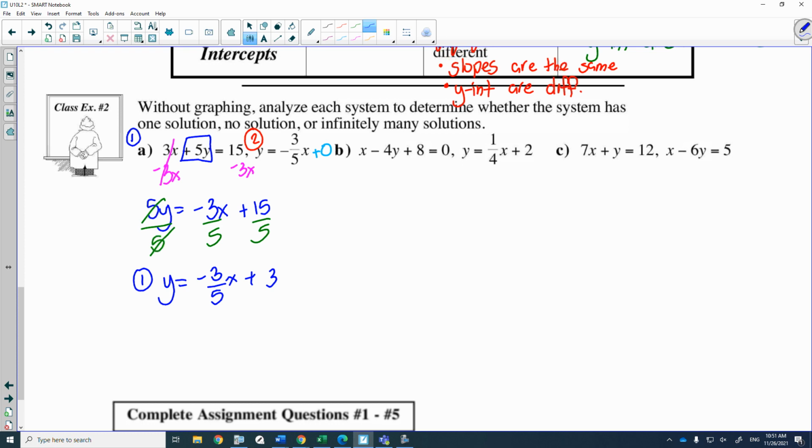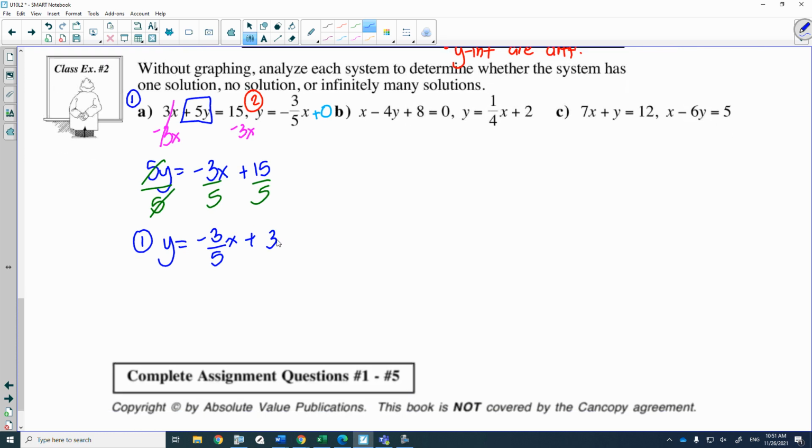First, what I always ask myself is, are these identical equations? Because then that's infinite and that's easy, right? They're not identical because this one has a 0, this guy has a 3. Then after that, I say, okay, I'm going to look at the slopes. This has a slope of negative 3/5, and this has a slope of negative 3/5.